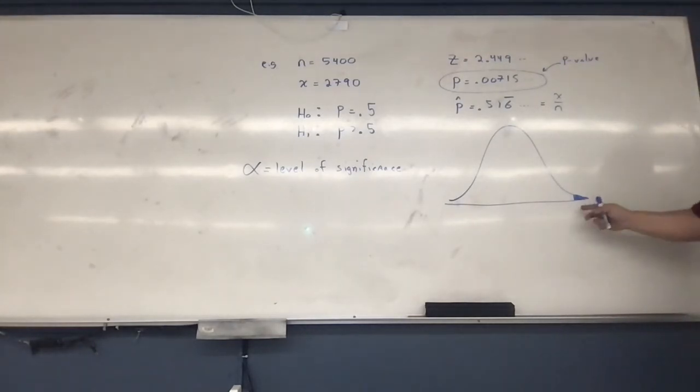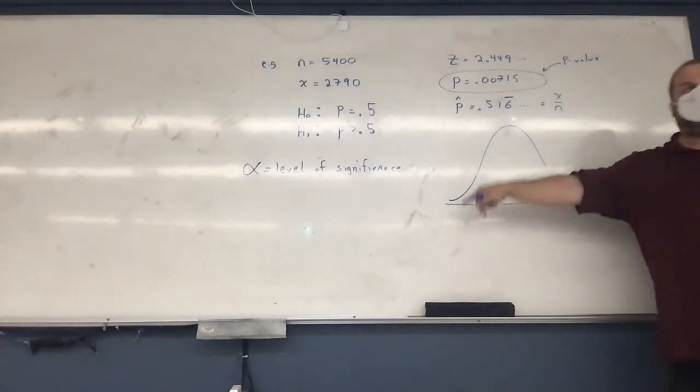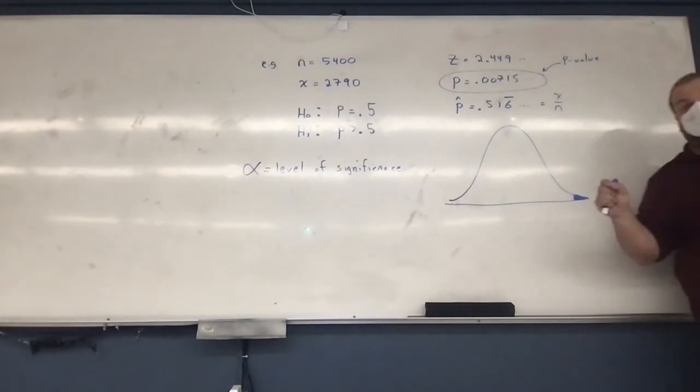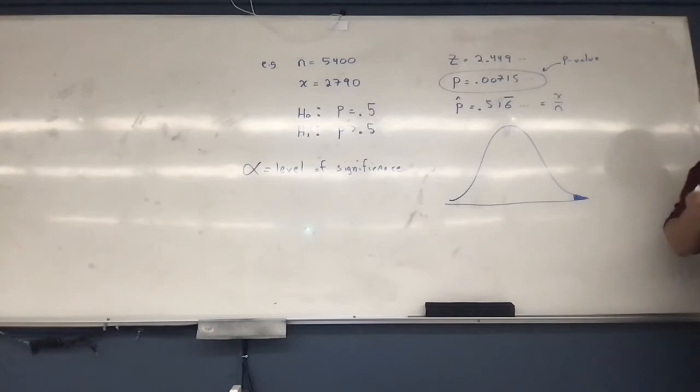Now, I want to be a little more precise about what I said about the p-value being the probability of getting the result that you got. Because in reality, when you have infinitely many results, the probability of any specific result is 0. So what we really mean is the probability of being in this region, past your data point.